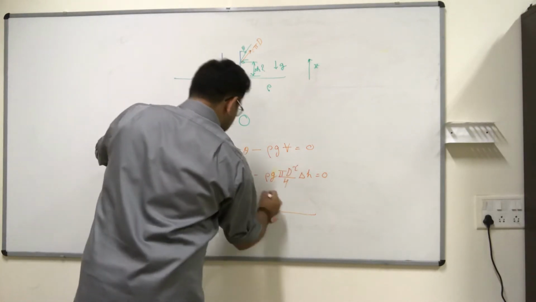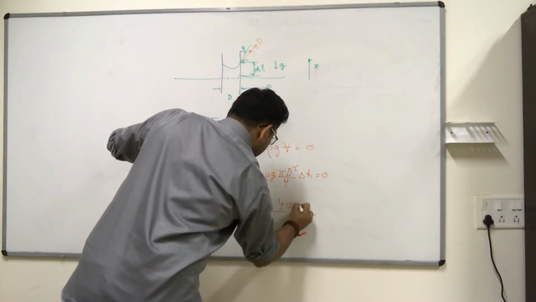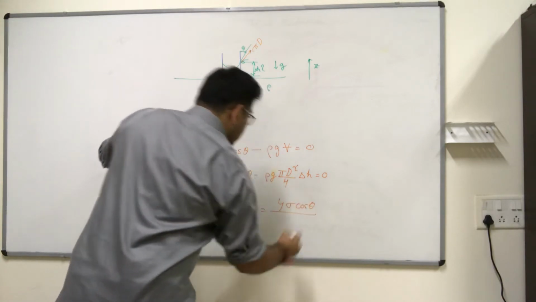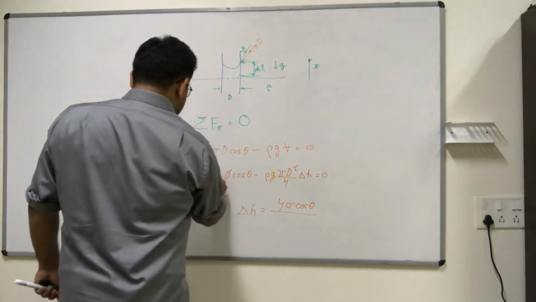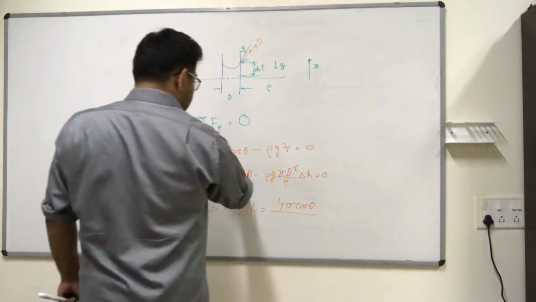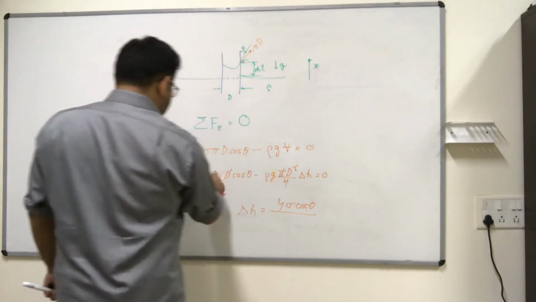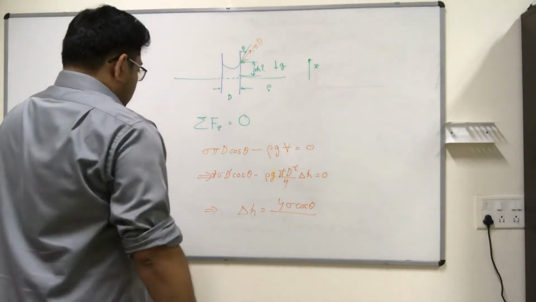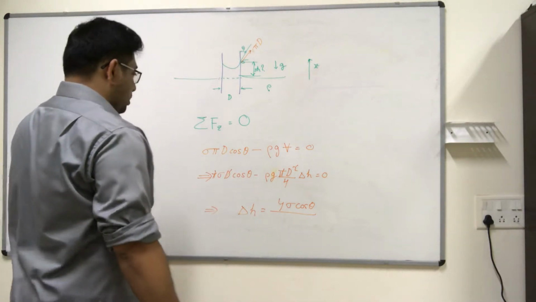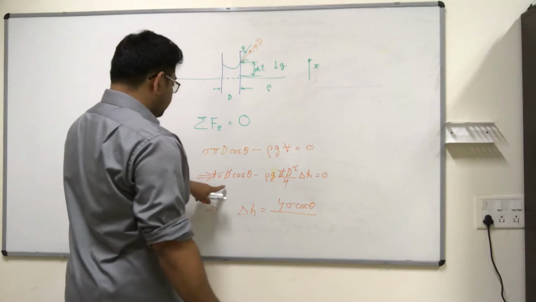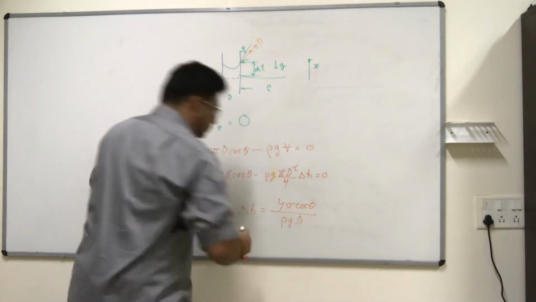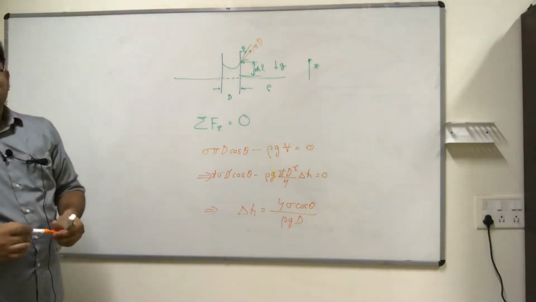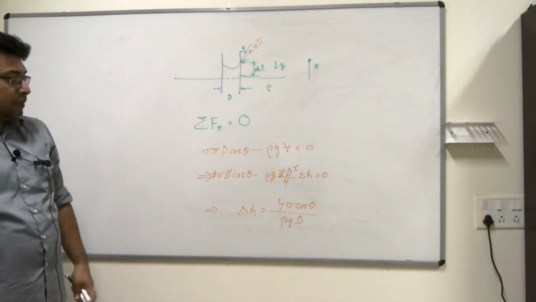This will cancel. 4 sigma cosine theta. There's a pi missing here because I wrote it here. So this pi is gone, right? So you have rho g d. Okay.